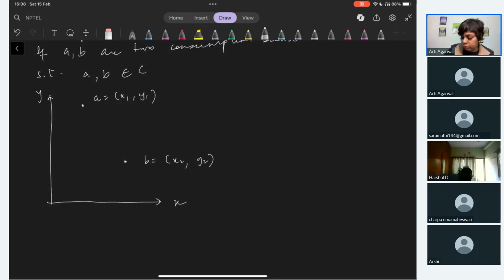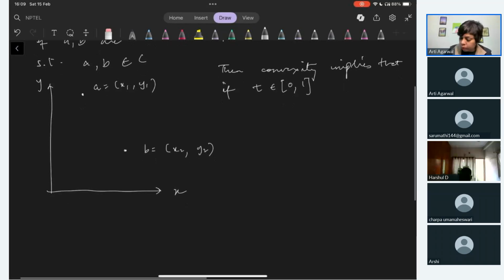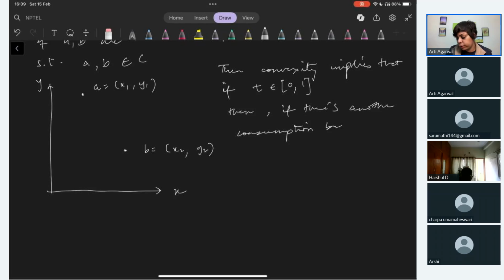Then convexity implies that if there is any number t which belongs to the interval 0 comma 1, which means it is any number between 0 and 1, including both, then if there is another consumption bundle, all this is there I think in your lectures, but I'm still just recapping it.